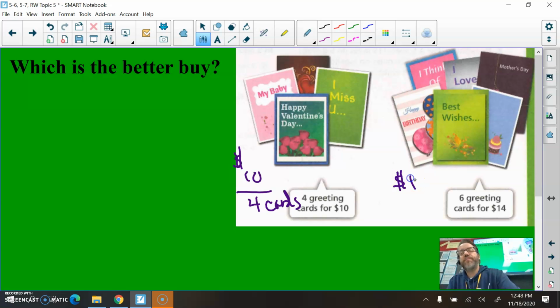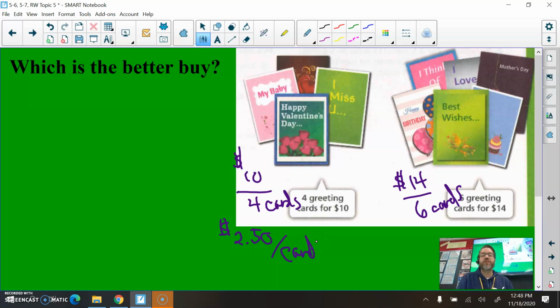Put the price in the top for 6 greeting cards. You may use a calculator, but all you have to do is divide these to find out the price for one card. If you have $10 and you divide that by 4, that's going to be exactly $2.50 for one card. I can write it like this, $2.50 per card.